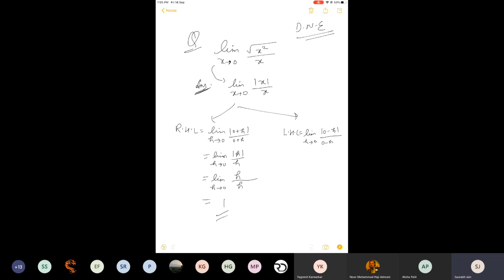What will be the numerator now if I want to remove modulus? H. Correct. Why? Because modulus always gives a positive value and h is a positive number. Now what will happen? Minus 1. Once again, LHL not equal to RHL, limit does not exist. So this is the way to do it.